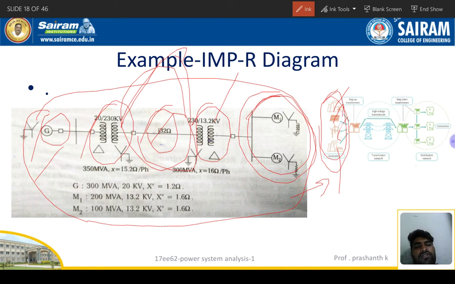Next is a step up transformer for stepping up from 11 kilovolts. You might have a doubt: why 11 kilovolts only? The Indian standard value is 11 kilovolts. People also wonder why 33 kilovolts and 66 kilovolts. Take 10 kilovolts, and what is 10 percent of this 10? Definitely 1, right?